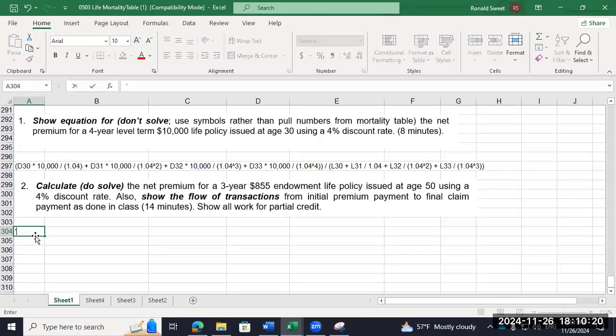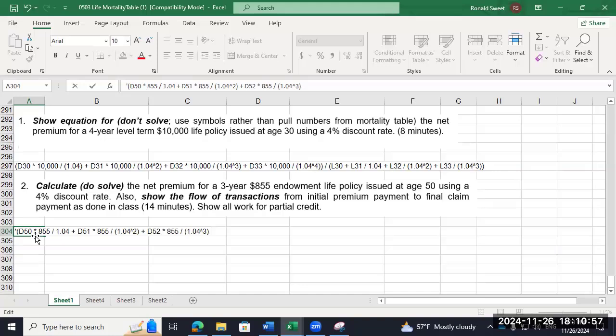So this is issue age 50, so D50 times 855 divided by 1.04, plus D51 times 855 divided by 1.04 squared, plus D52 times 855 divided by 1.04 third.